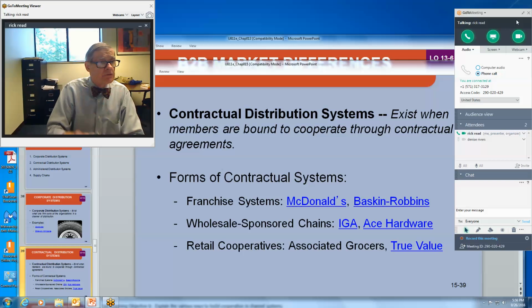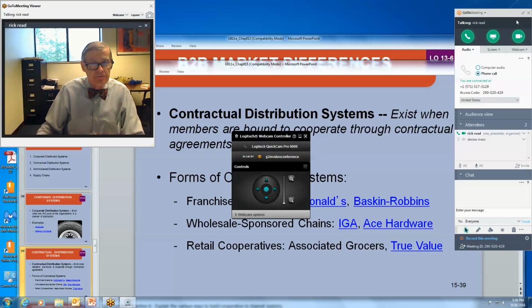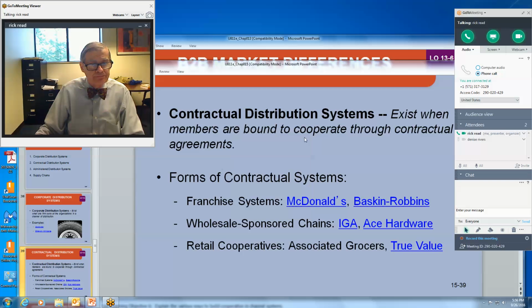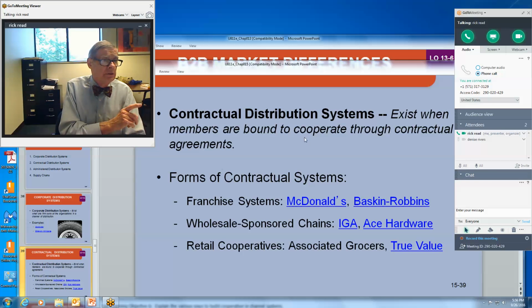Wholesale sponsored chains like IGA, Independent Grocers Association, and Ace Hardware. And then retail cooperatives. You also have True Value, which is different from Ace. Ace is wholesale sponsored. True Value is retail cooperative.